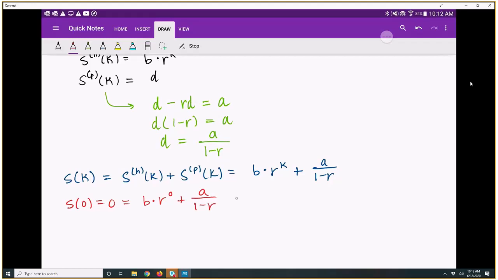I want to solve for b, and this is equal to b plus a over 1 minus r. So that's going to give me that b is equal to minus a over 1 minus r.